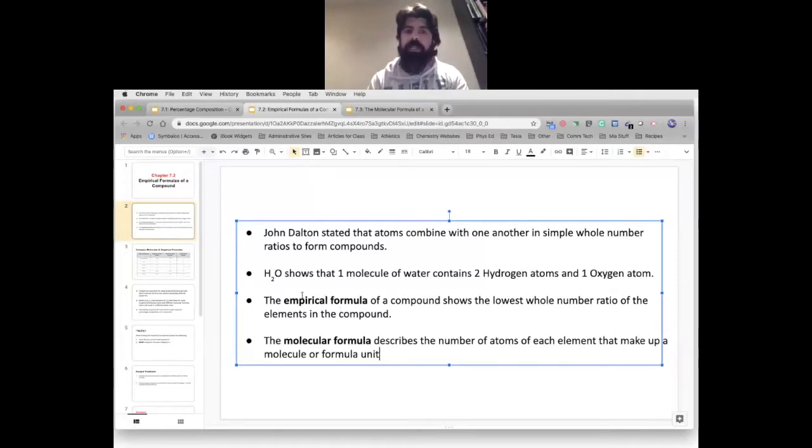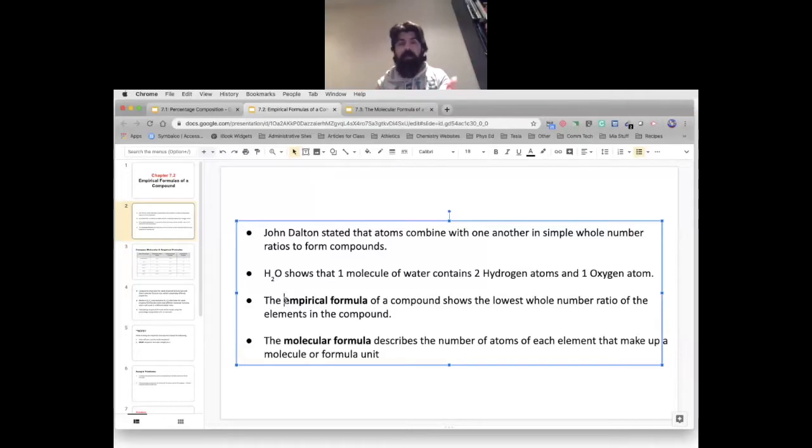I'm introducing now a new term, and this is what is referred to as the empirical formula. The empirical formula is where you take the actual molecule's formula and those little subscripts that make up that formula, and you simplify them all to lowest terms. Understand that some molecular formulas cannot be reduced any further than they already are.